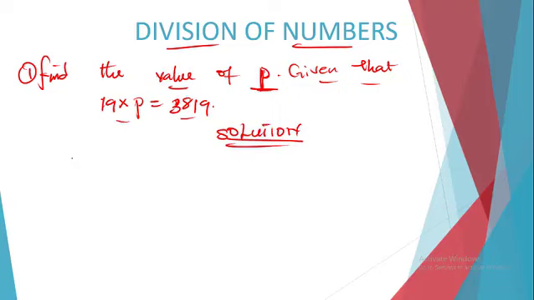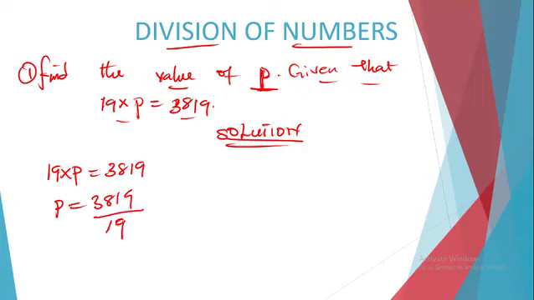Okay, the first thing we need to do is to make p the subject of formula, since we are given that 19 times p is equal to 3,819. So making p the subject of formula, we then have that p is equal to 3,819 divided by 19.